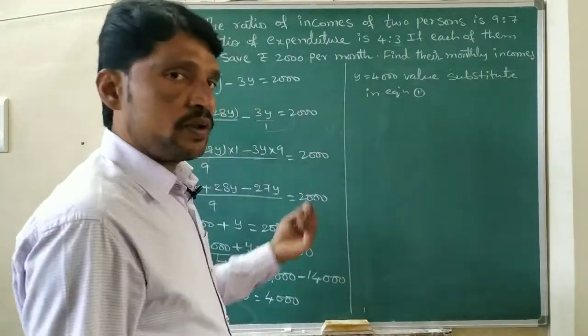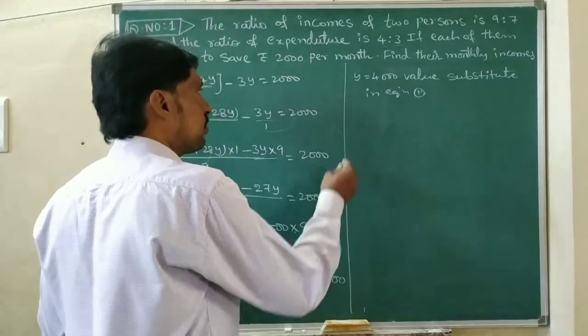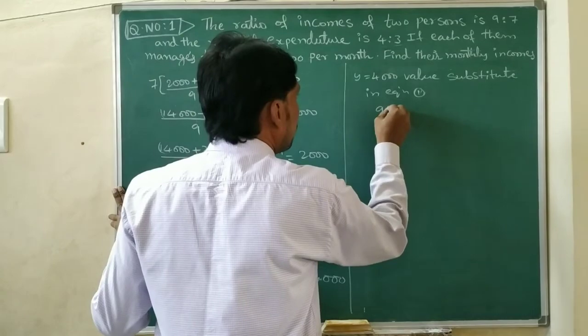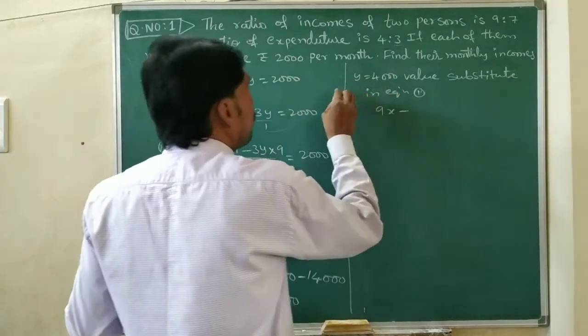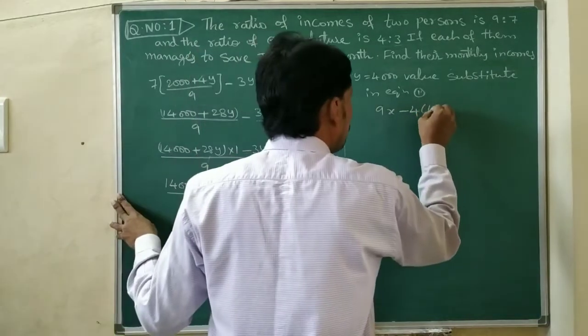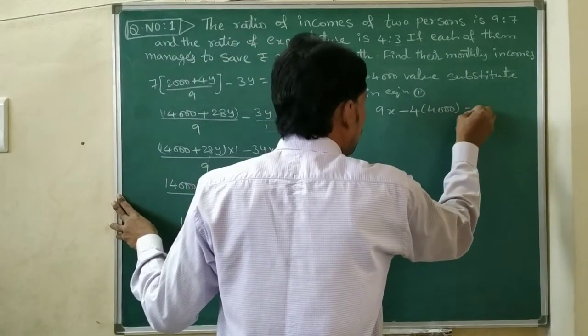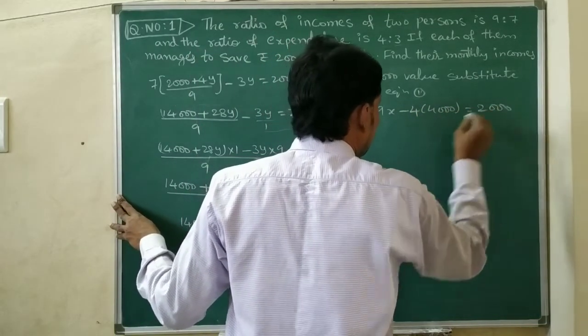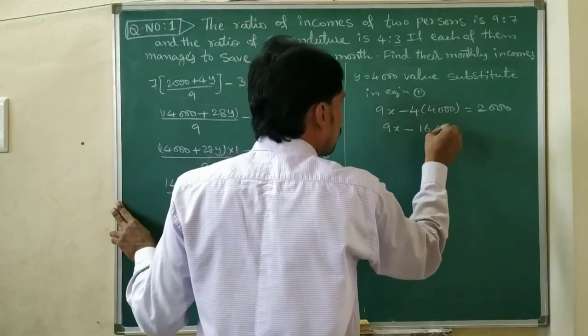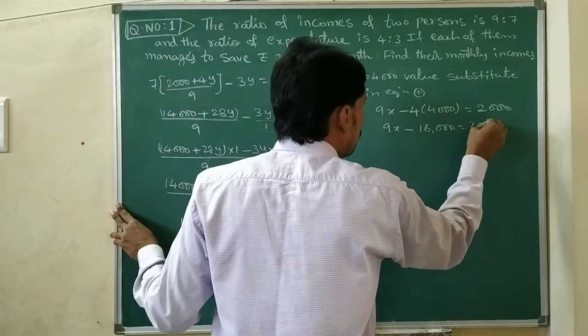So by substituting we can get the value of x. So the first equation is 9x minus 4y. The y value here is 4000. So 9x minus 4 4s are 16,000 equal 2000.